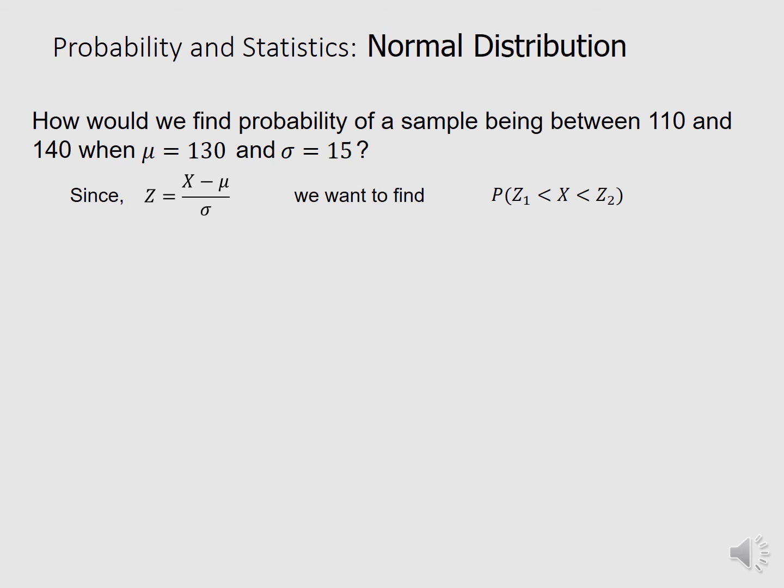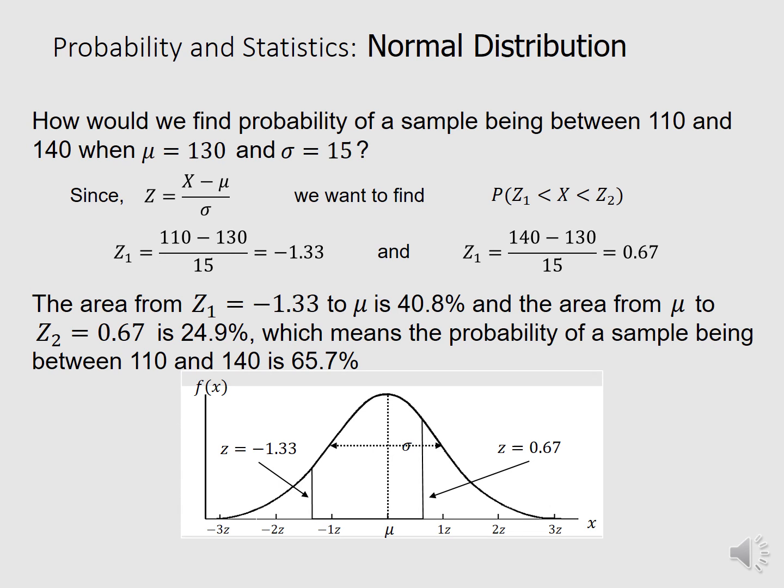Now, let's look at how we can find the probability of a sample being between 110 and 140 when the mean equals 130 and the standard deviation equals 15. To do this, we need to calculate two separate z-values, one for each of the 110 and 140 values we're interested in.